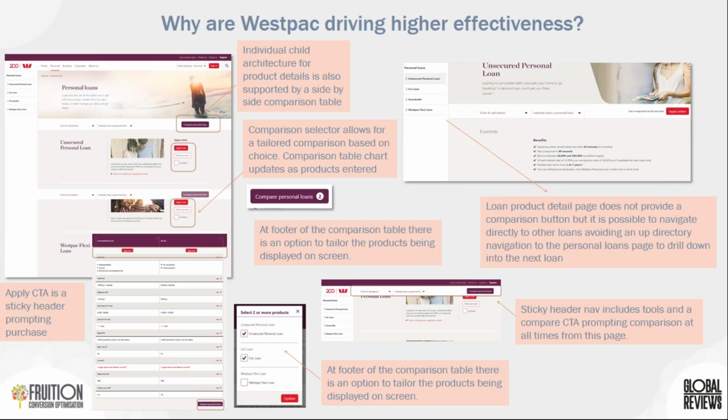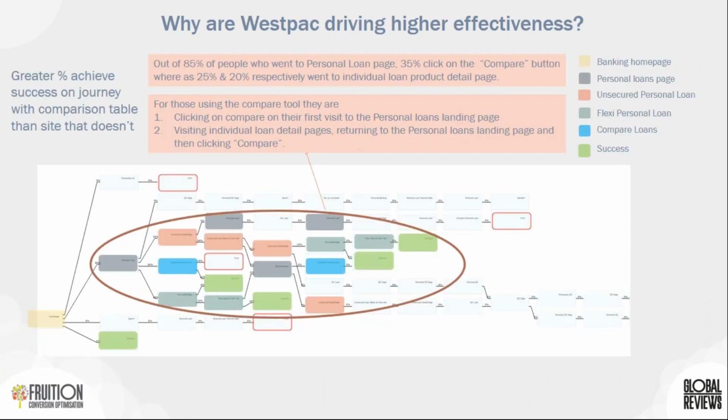So the loan product detail page itself doesn't provide a comparison button, but it is possible to navigate directly to other loans. And then if we look at the percentage of higher effectiveness and why this is happening, we can see that out of the 85% of people who went to the personal loan page, 35% then clicked on the compare button, whereas 25 and 20% respectively went to individual loan product pages.